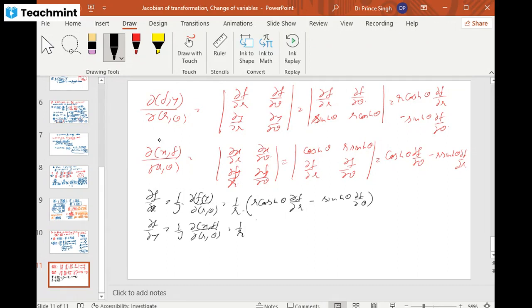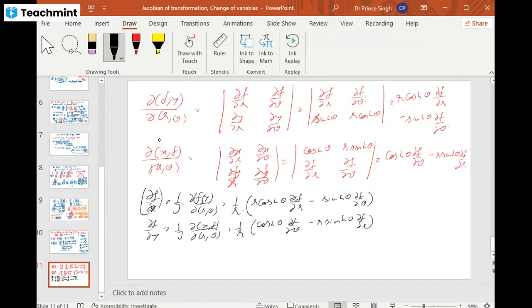This is 1 upon r, times cosh θ ∂f/∂θ minus r times sinh θ ∂f/∂r. So what we need to do is square and subtract.